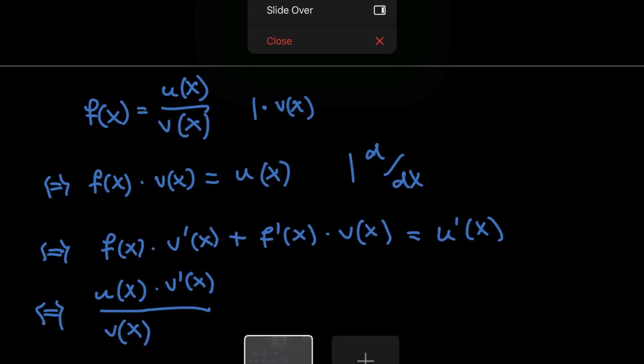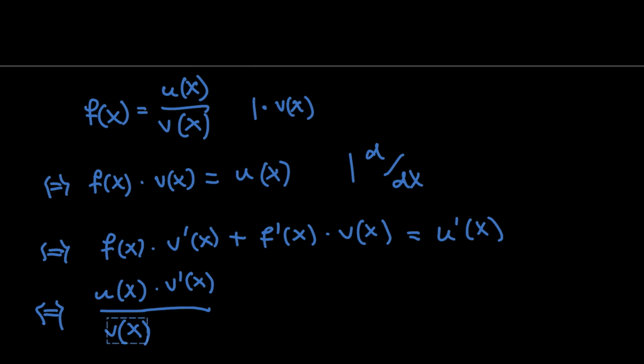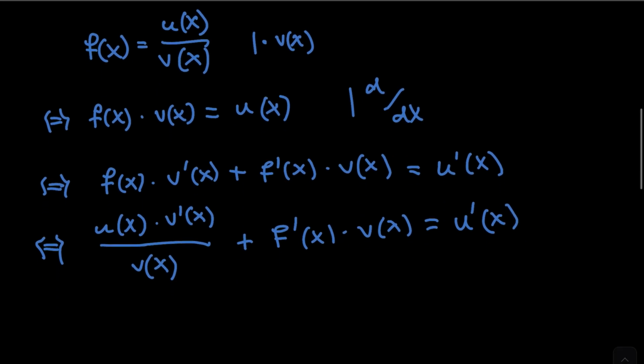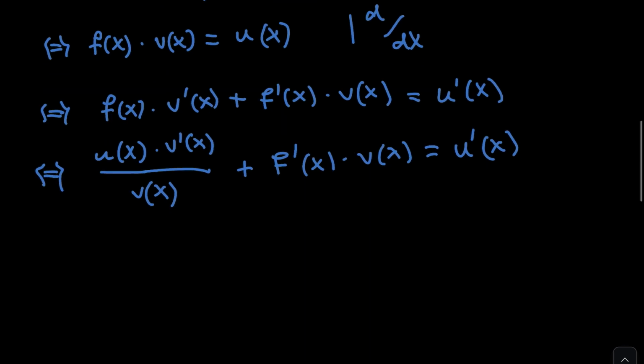Okay, so v of x on the denominator, and now I am just copying this term out. v of x equals u dashed of x. So from here to here, I haven't actually done anything to both sides. I've just rewritten f of x.